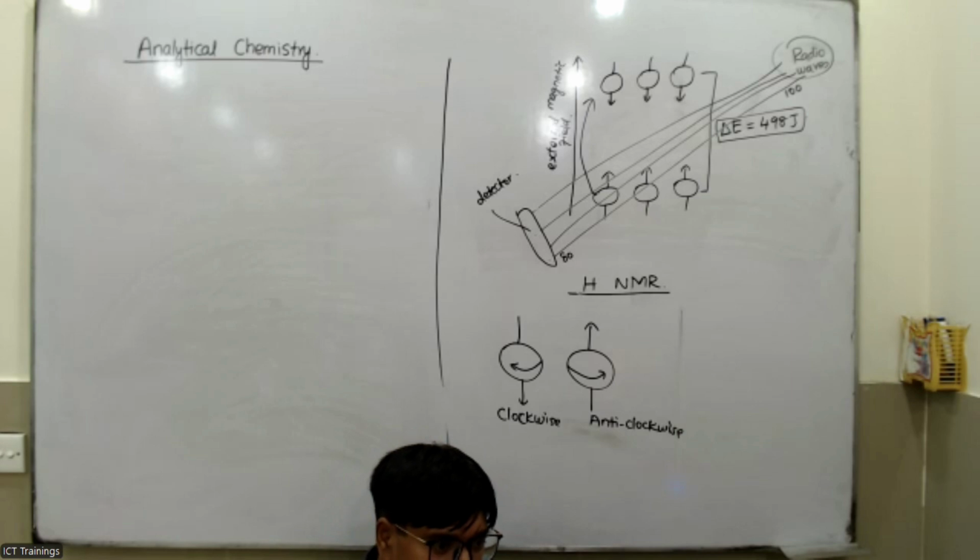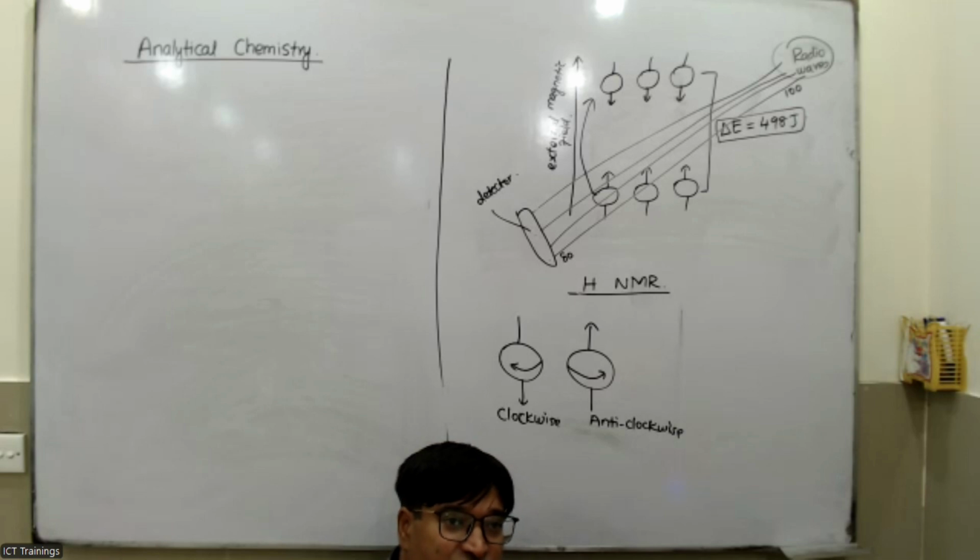Write the next point: the difference of energy between two spin states is delta E and comes in the range of radio waves.